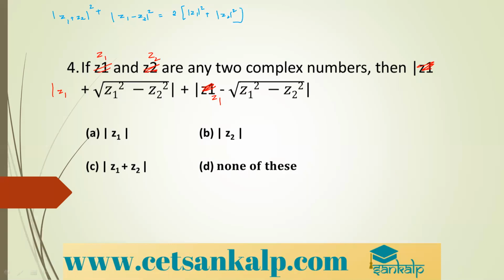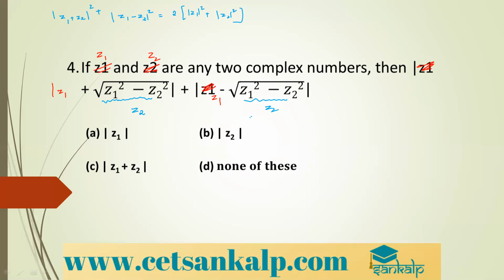This is the formula. Why did I say we have to use the formula? Because in the question, imagine this is Z2. So somewhere we will be using this formula, not now, but later. So first, how will I start is, I will take Z1 plus Z2 whole square.